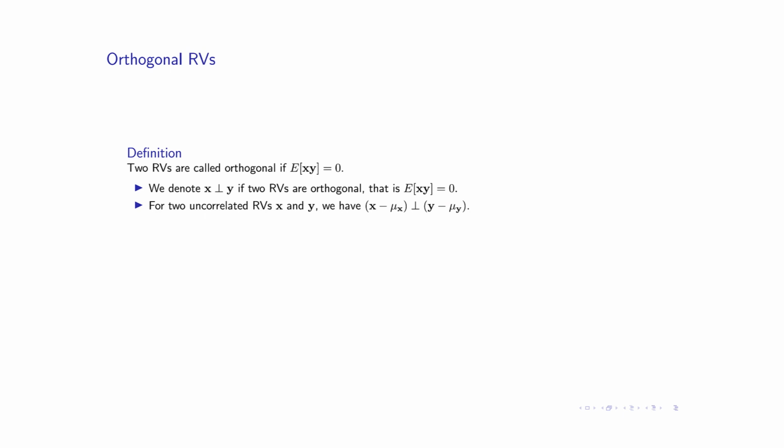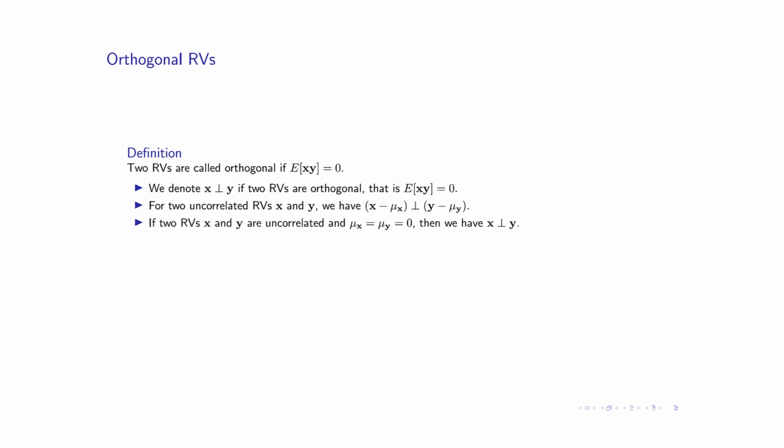We call two random variables orthogonal if the mean of their product is 0. This is just a new definition, and we denote it with a notation, which is the same definition. We call two random variables uncorrelated if their centered random variables are orthogonal.